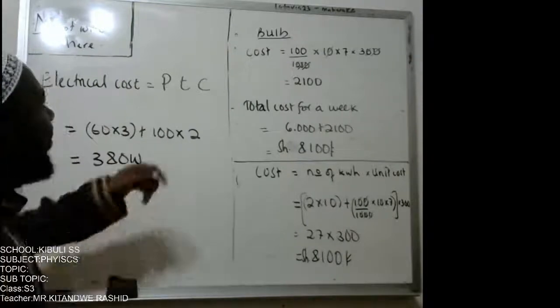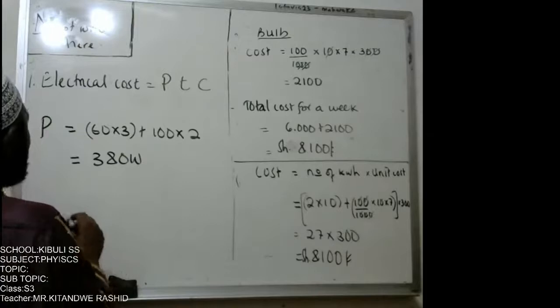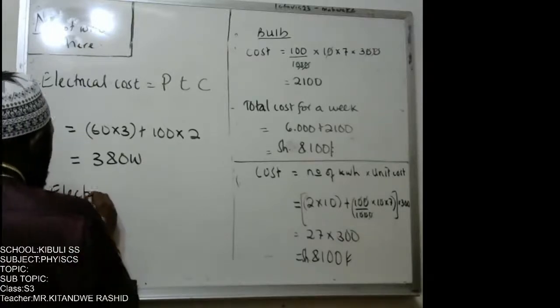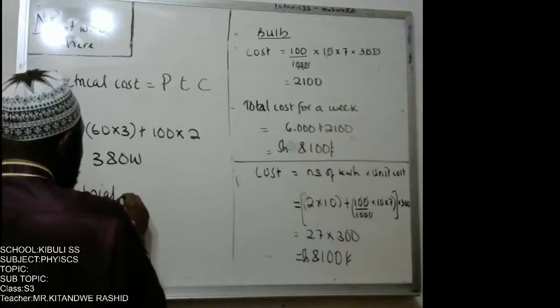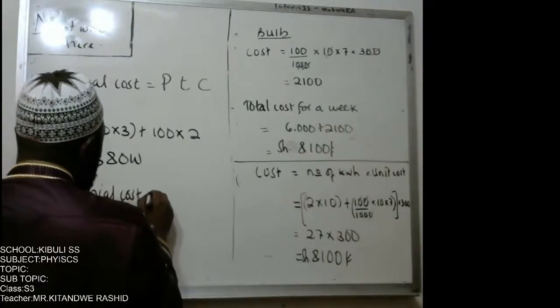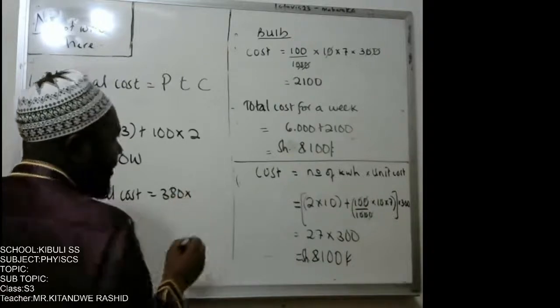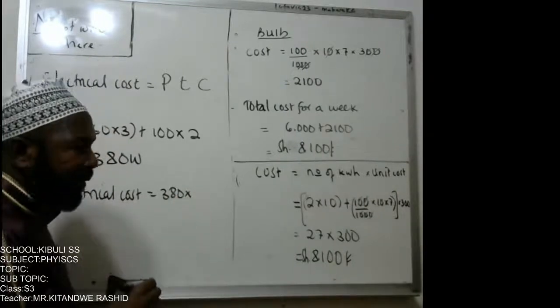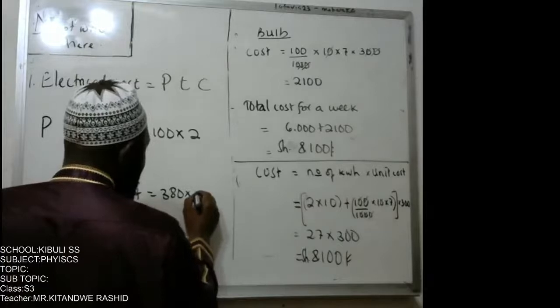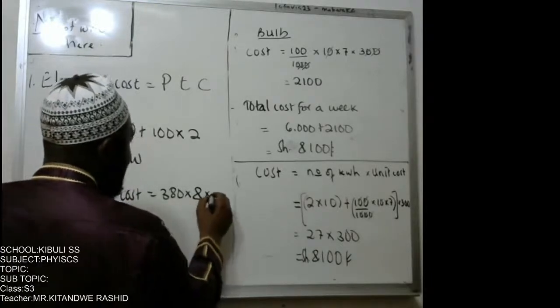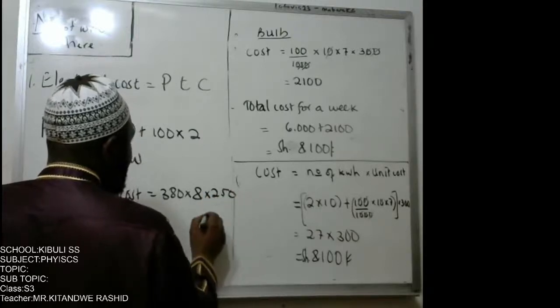So you can now go to our formula. Electrical cost: the power 380, times what was the time? 8 hours, and the cost per unit? 250.